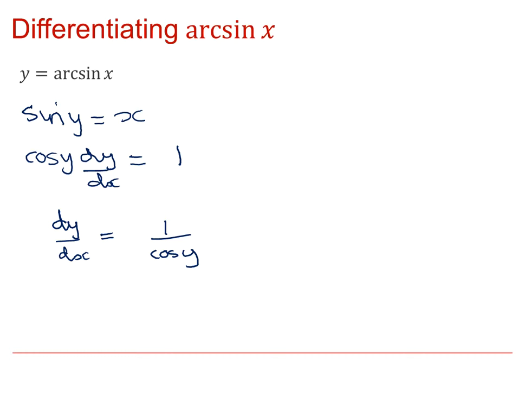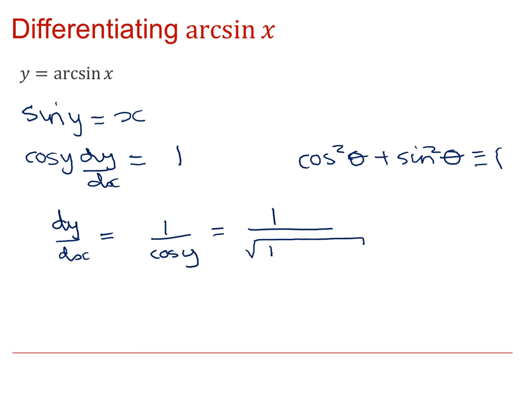If we use the identity that cos squared theta plus sine squared theta equals 1, then we can rewrite 1 over cos y as being 1 over the square root of 1 minus sine squared y, noting that that could be the positive or the negative.